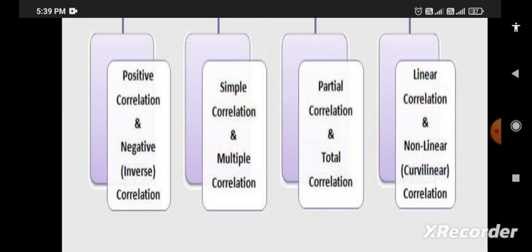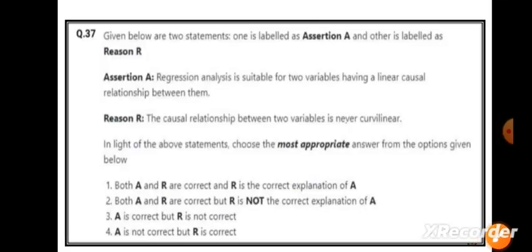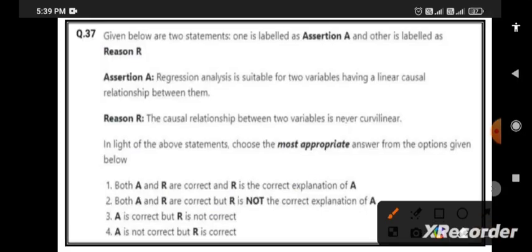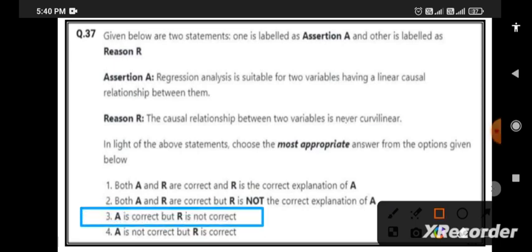Now let's go back to the question. So here we got that the causal relationship between two variables can be curvilinear or non-linear. So our correct option will be option third, that is, assertion is correct but reason is not correct.